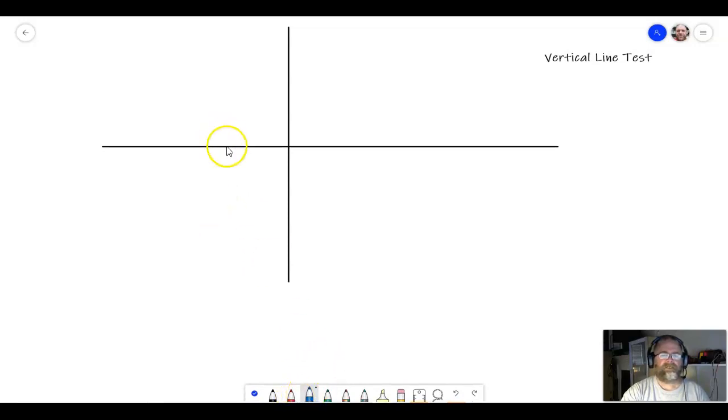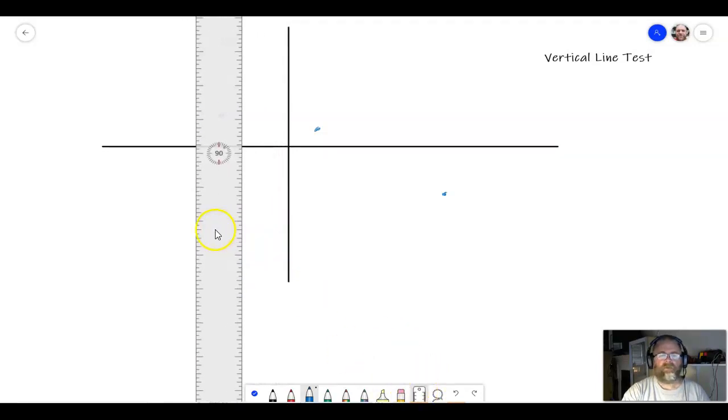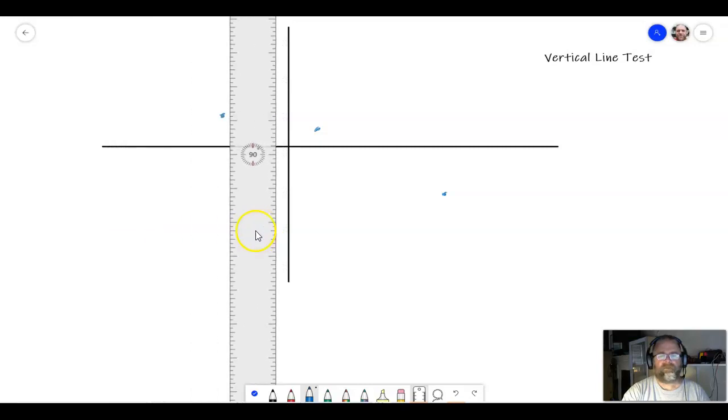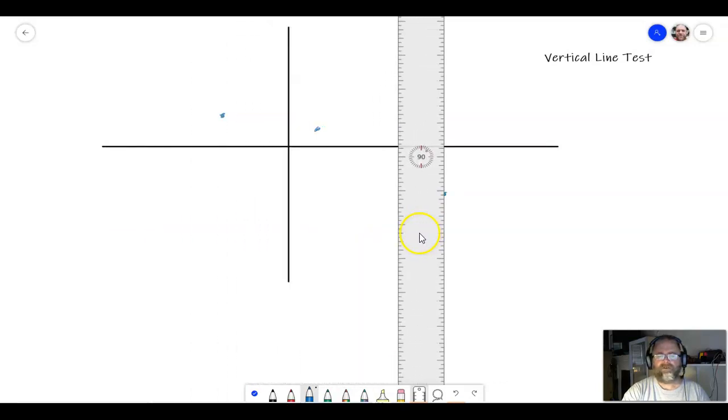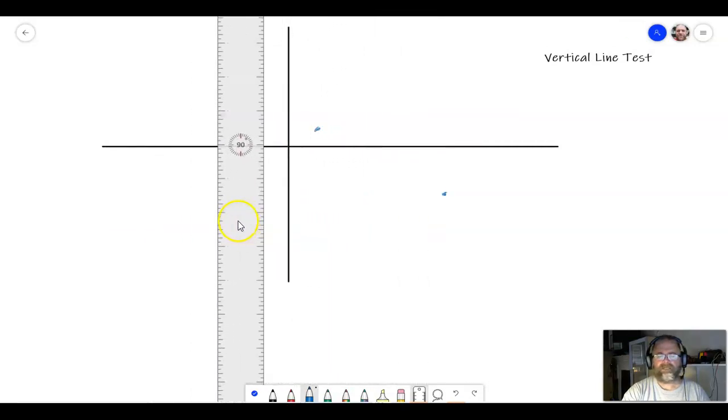Well, let's see. Let's say I just had a point here and a point here, and let's say I had a point here, and I said, is this thing a function? And the answer is yes. And why is it a function? Well, because wherever I put a vertical line here, at most I'm only going through a single point.